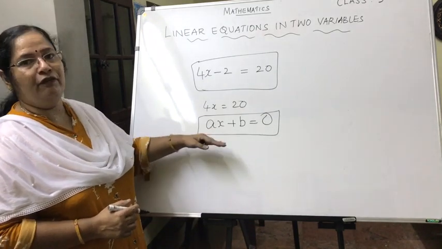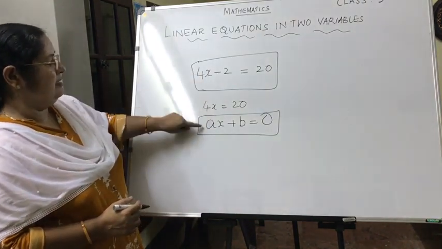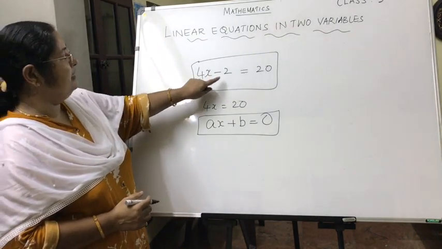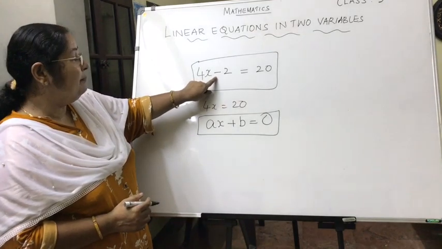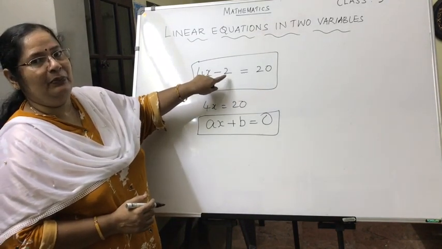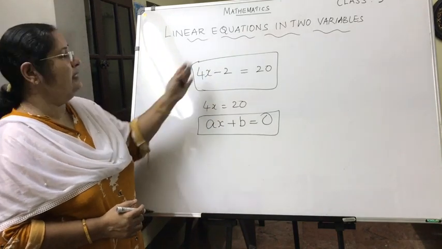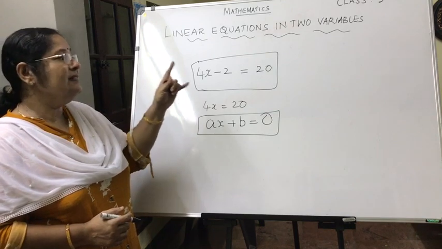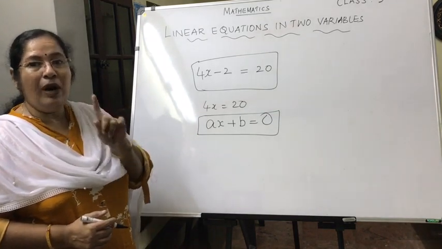This is the general form. So when you compare this, here our a is equal to what? 4. And what is our b equal to? Our b here is minus 2. So is that clear for you? It is equal to 20. We are writing it as an equation. So this is a linear equation in one variable.